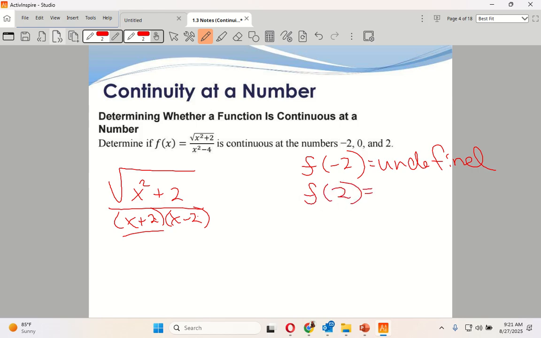F of +2. If I plug in +2 right here, what's going to happen? Is that also going to be undefined? That one also is going to be undefined.